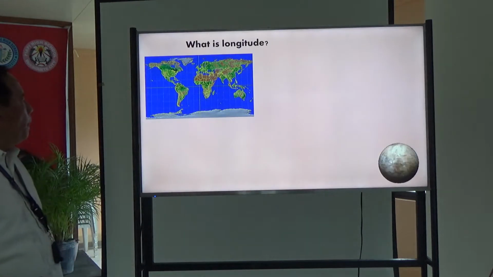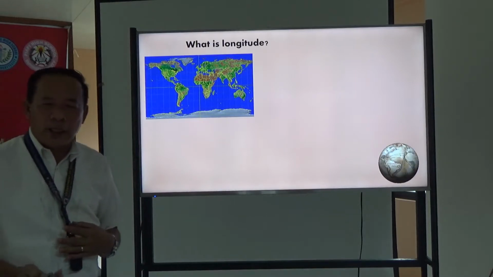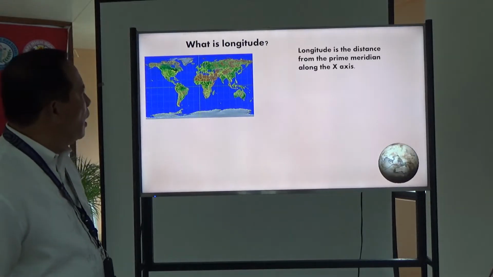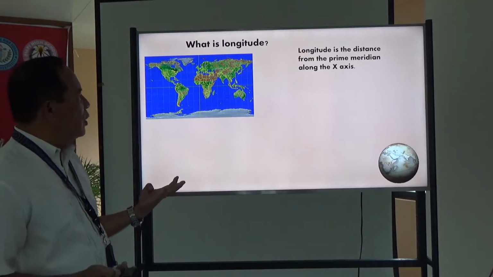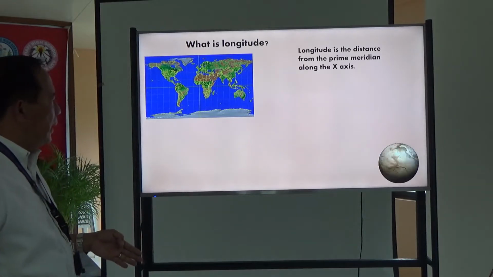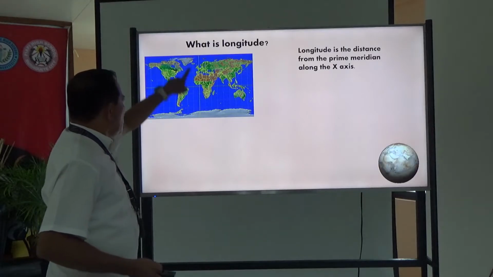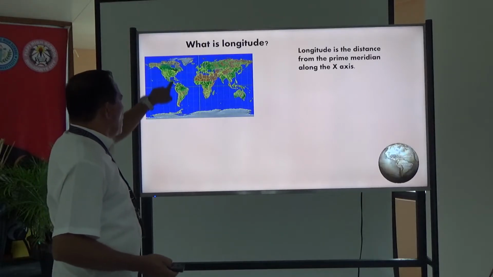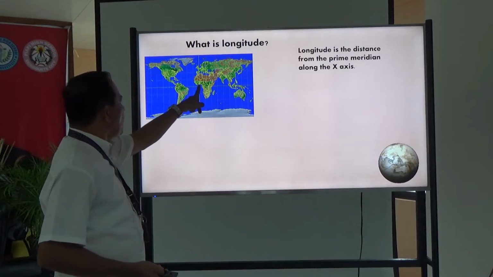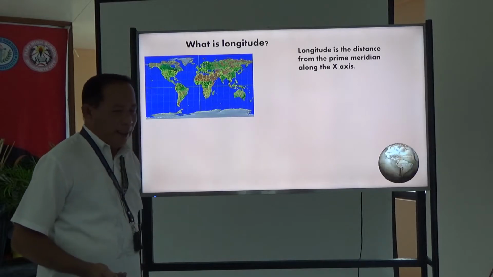Okay. Then, if that was the definition of latitude, what then is longitude? Alright, longitude is the distance from the prime meridian along the x-axis. Alright, this is the x-axis. And each imaginary line here is a longitude, from the meridian either to the west or to the east.